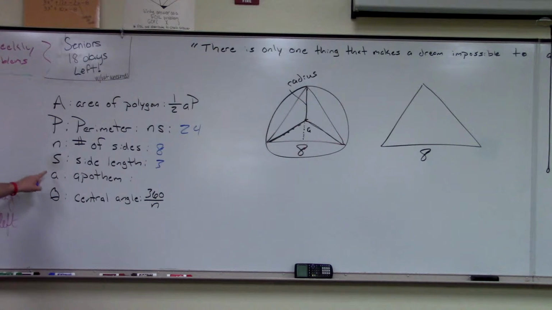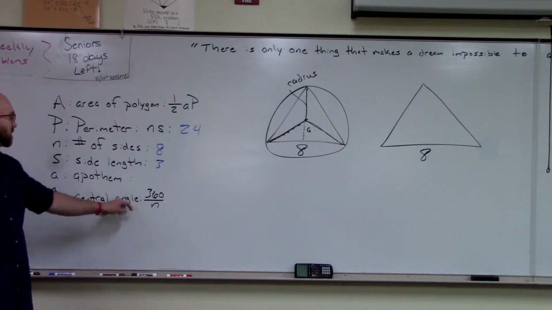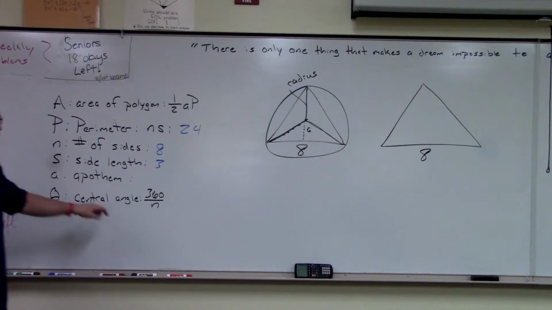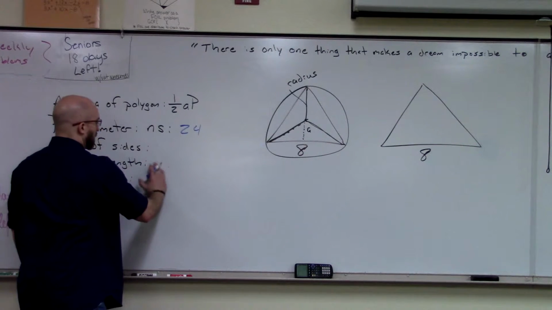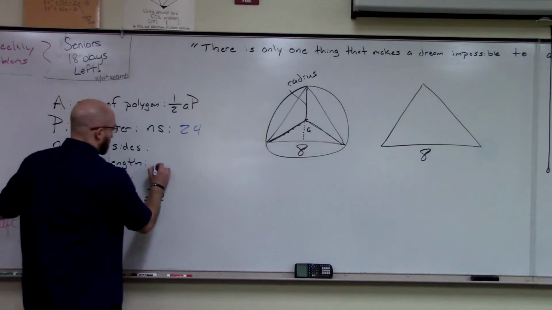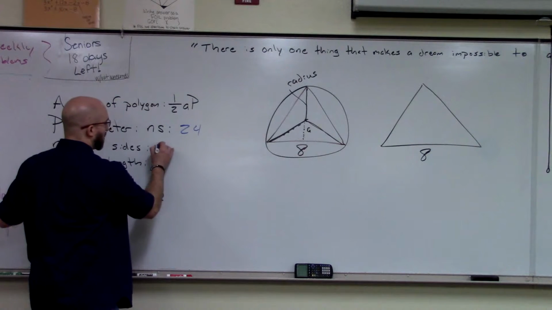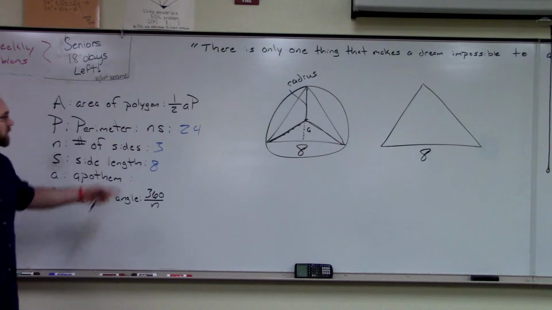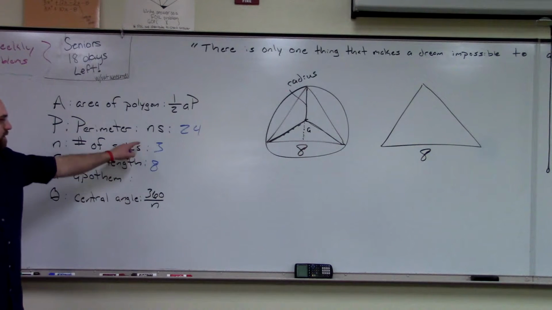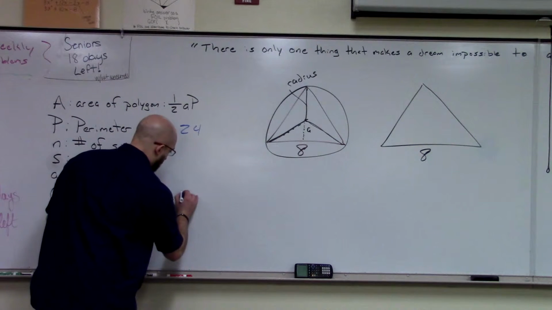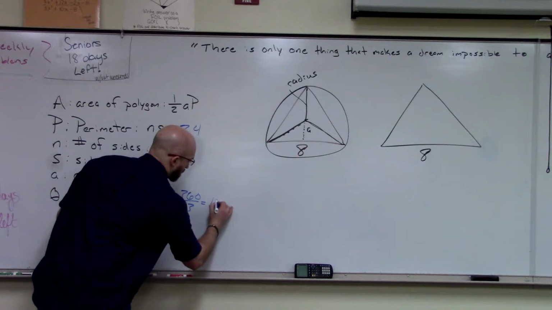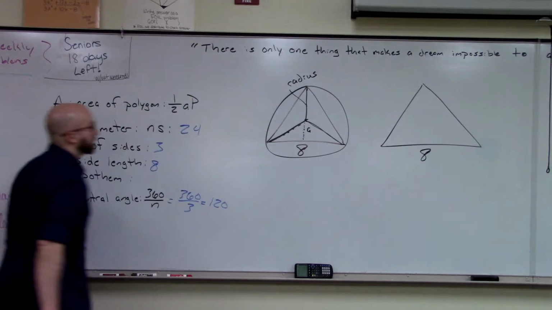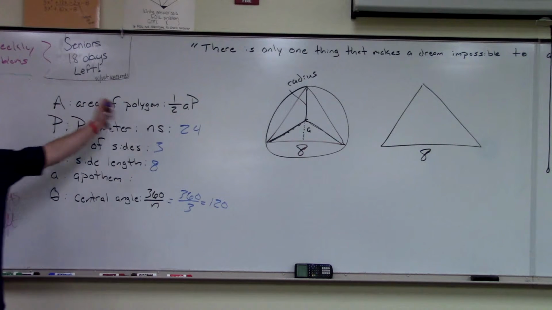We don't know the apothem yet, but we can find the central angle because it's 360 divided by n. Or no, sorry, I got this backwards, my bad. Side length is 8. Number of sides is 3. My fault on that. So 360 divided by 3 equals 120.